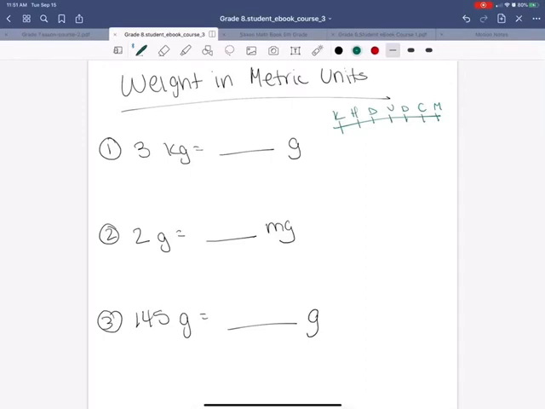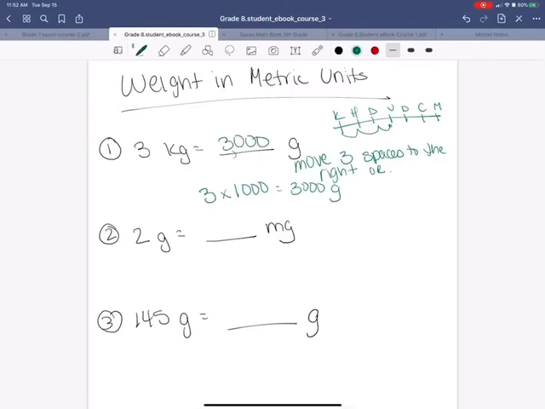So in this case, we're going from 3 kilograms to grams. This actually says we're going to move 1, 2, 3 spots over. Remember, kilogram means times 1,000. So one thing you can do is move 3 spaces to the right, or you can say 3 times 1,000 equals 3,000 grams.